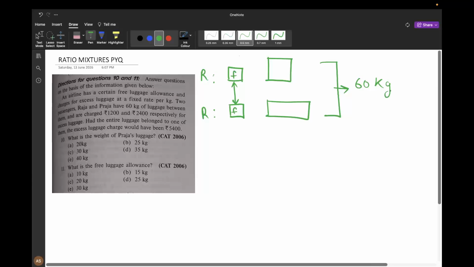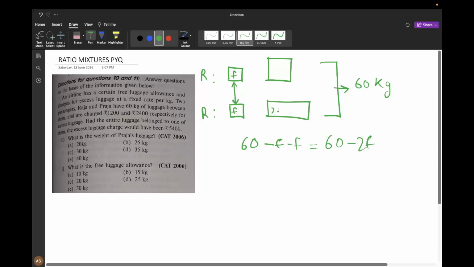Now, I can see an equation for the sum of weights of these two excess luggages, and I think you guys can also see it. That is 60 minus 2f. If out of the total 60 kg, we remove the two free allowed luggage, we get 60 minus 2f. That is the weight of these two excess luggages. Now, how much are these two costing additionally? That is 2400 plus 1200.